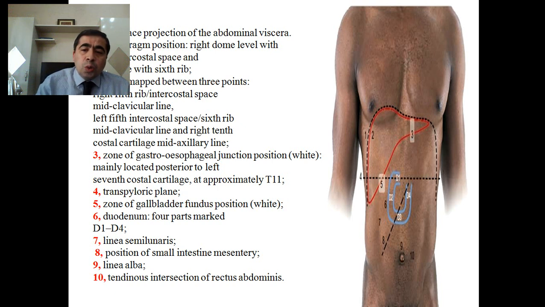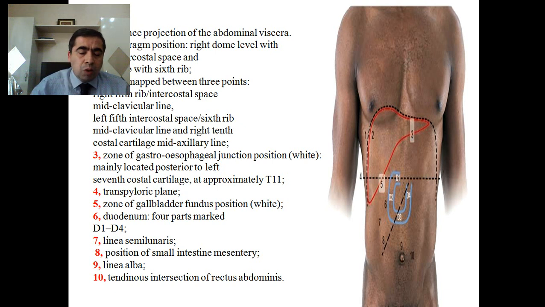And in this picture you are looking at the three zones of the gastroesophageal junction position. This place is mainly located posterior to the left seventh costal cartilage at approximately the eleventh thoracic vertebra.